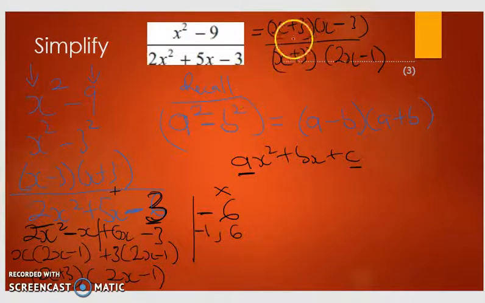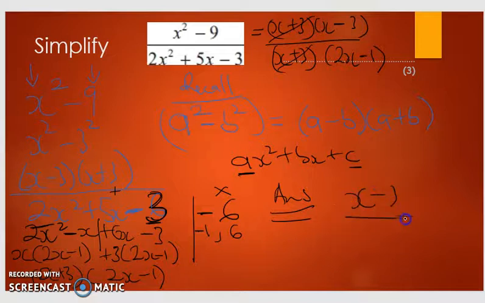Then clearly you can see we have common factors. The x plus 3 will cancel out the x plus 3, leaving us with this as our answer, x minus 3 divided by 2x minus 1.